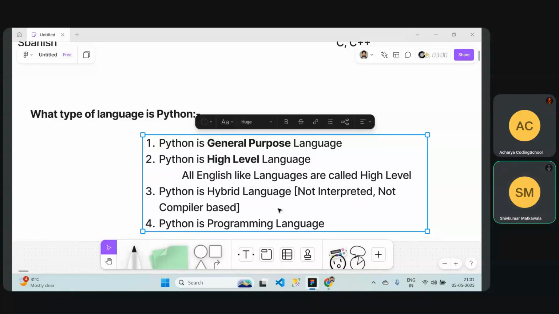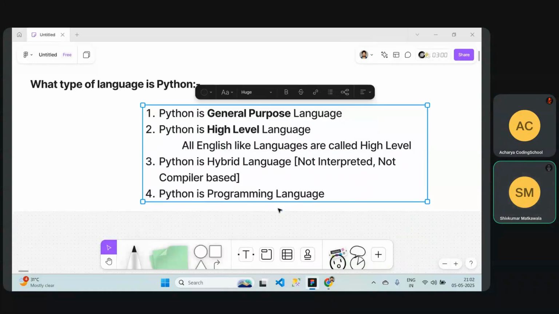And it is not compiler based also. It is not completely compiler based, nor completely interpreted. So it is a hybrid. It actually uses both things. That's what I say, Python wisely uses its resources.